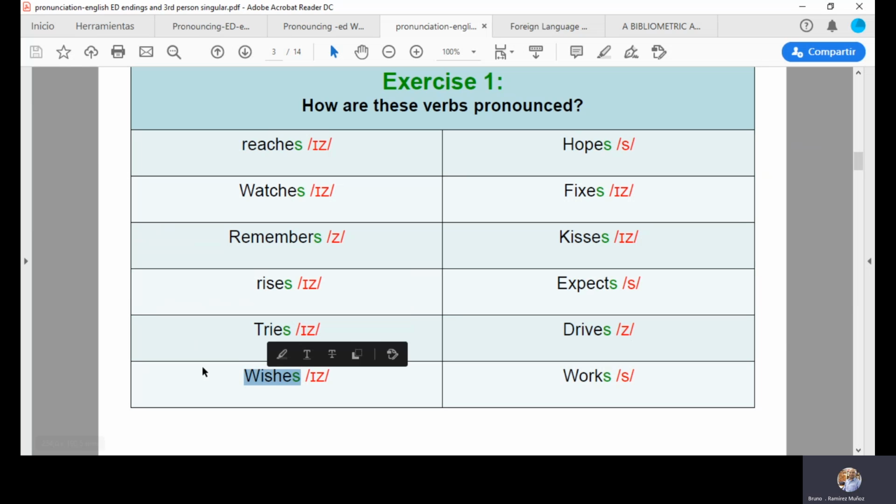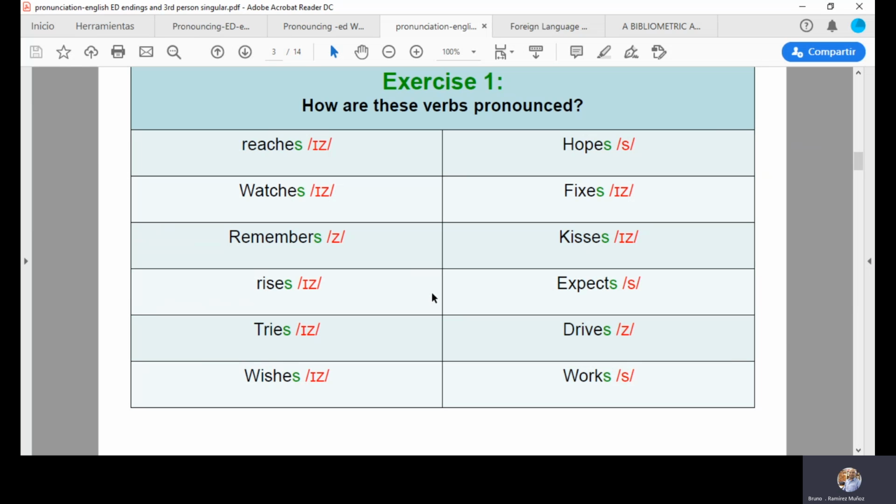The word wish becomes wishes. The verb hope becomes hopes. The verb fix becomes fixes. The verb kiss becomes kisses. The verb expect becomes expects. Drive becomes drives. Work becomes works.